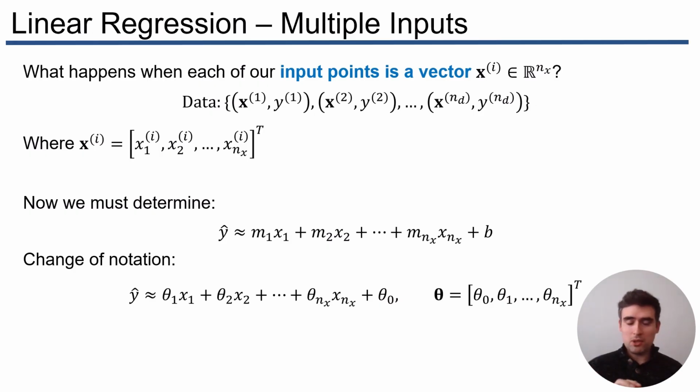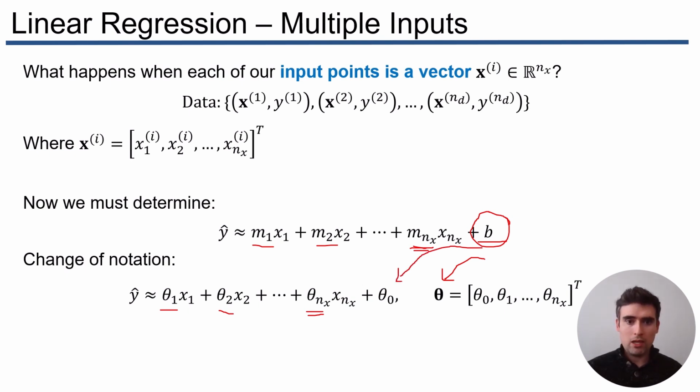Okay, now I'm going to do one other change of notation. Generally in engineering, chemistry or physics, we denote these parameters with theta. So m1 is theta 1, m2 is theta 2, all the way to m nx, which is now theta nx. The only thing I am doing a bit differently is this b, the intercept or the bias.